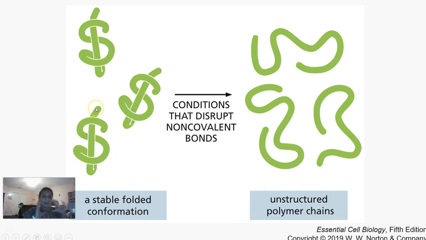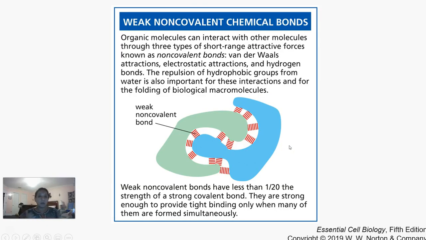In each environment, they'll have a stable folded conformation, which can get disrupted under other conditions to create an unstructured polymer chain. Obviously, our goal in the cell is usually to maintain a particular structure so they can perform a particular function. These non-covalent chemical bonds are forming because of the weak non-covalent forces.